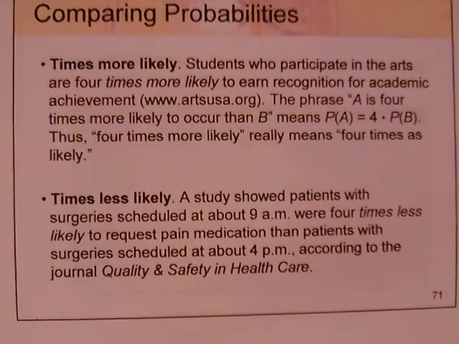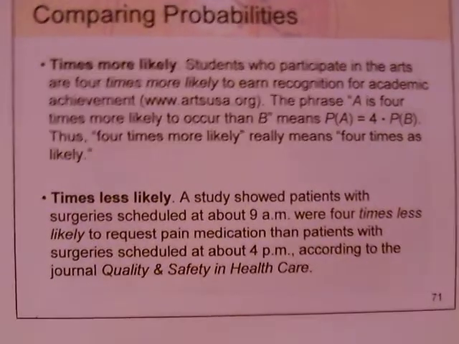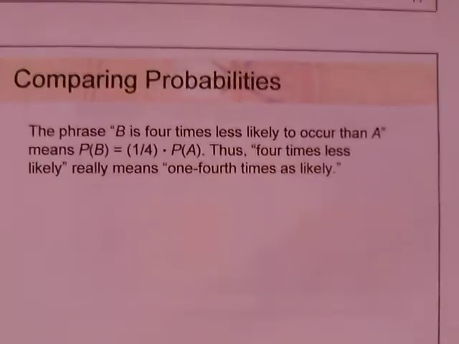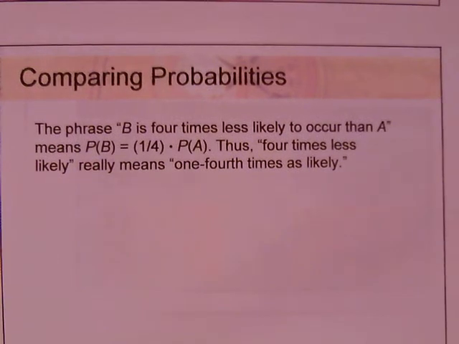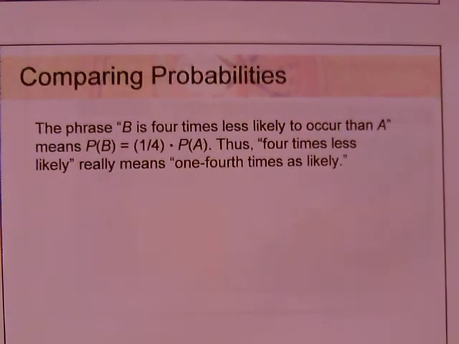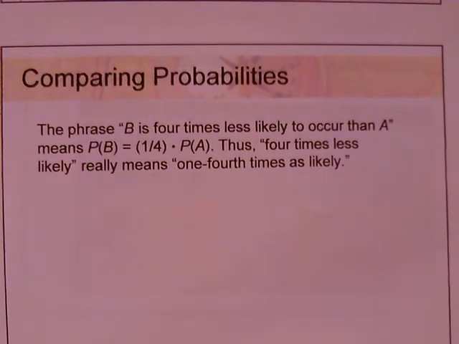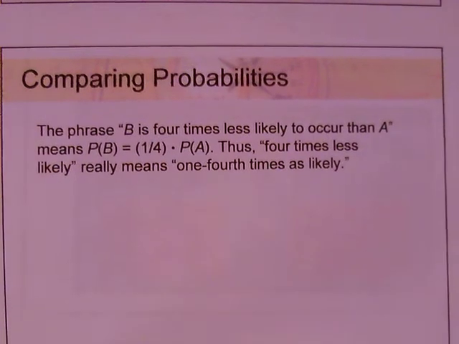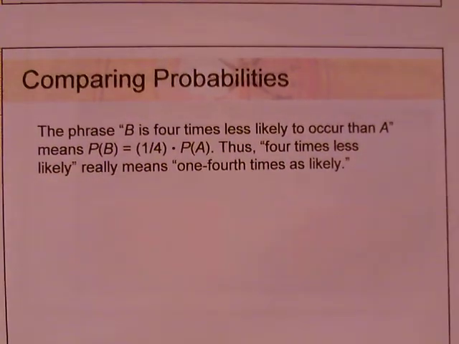Now this continues on the next slide. If I can pull this up. The phrase B is 4 times less likely to occur than A means the probability of event B is 1/4 times the probability of event A. Thus, 4 times less likely really means 1/4 times as likely.